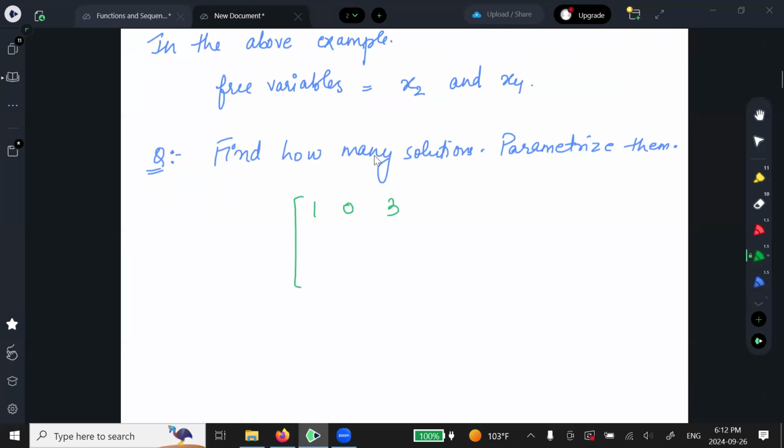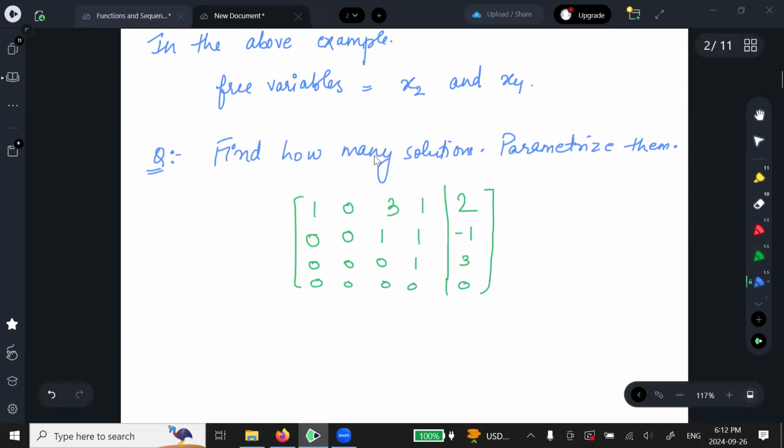The rows are 1, 0, 3, 1, and 2; then 0, 0, 1, 1, -1, and 0; then 0, 0, 0, 1, and 3; and then 0, 0, 0, 0, 0. Okay? First things first, how many variables?